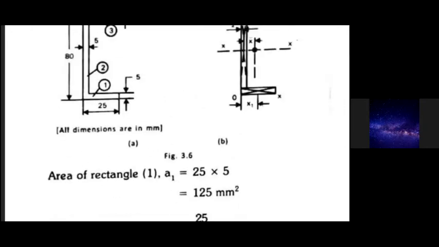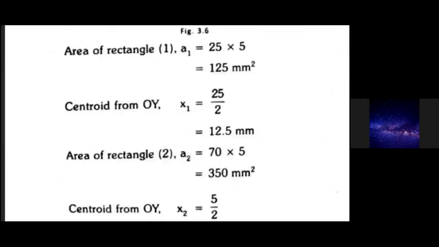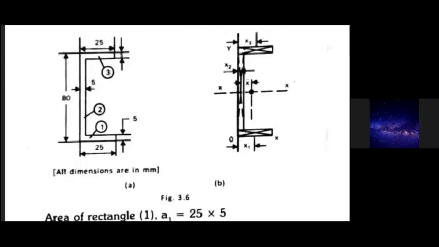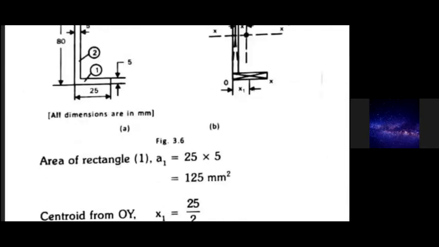After dividing, the middle vertical rectangle dimensions are 70 cross 5 mm, that is 350 mm squared. And the centroid of this rectangle from the y-axis, x2, is half of its width, that is half of 5, that is 2.5.